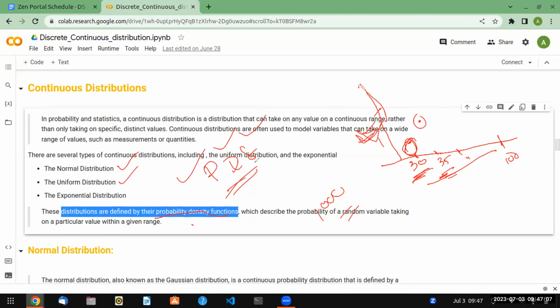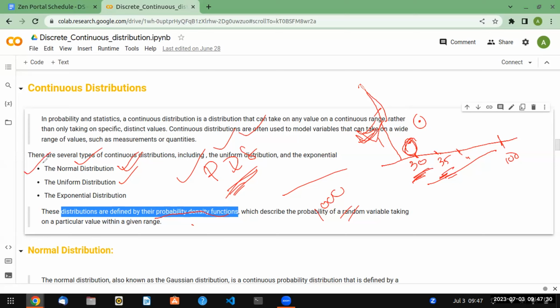So PDF means nothing but two ways you can understand this: one visually, one in a mathematical way. Suppose I want to understand normal distribution, I'll do it in two ways. I will plot this normal distribution data and see how it looks. Also, I have a mathematical formula for this distribution.